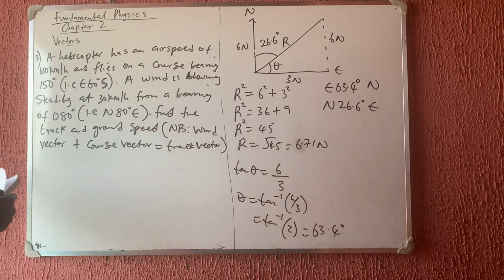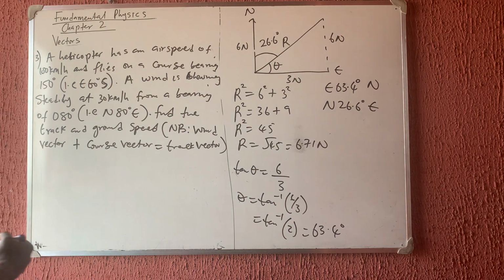So the wind speed plus the course speed is the track speed. Solution.